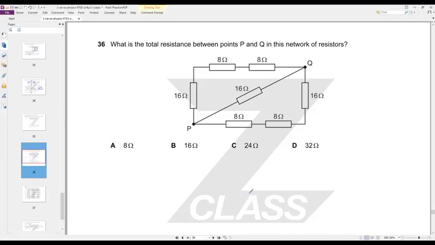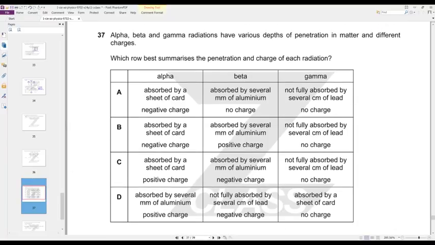Resistance between P and Q in this network of resistors. So this is 3 things in parallel with one another. Add up the 2 side roots, and then 1 over RT is 1 over R1 plus 1 over R2 plus 1 over R3. This is radiation.